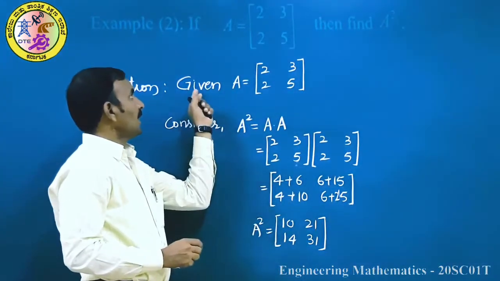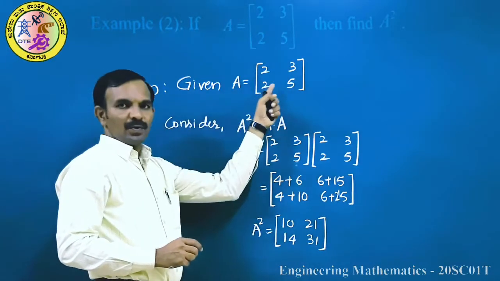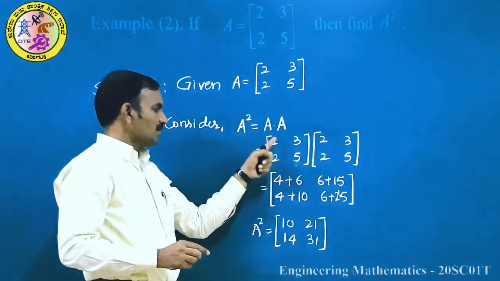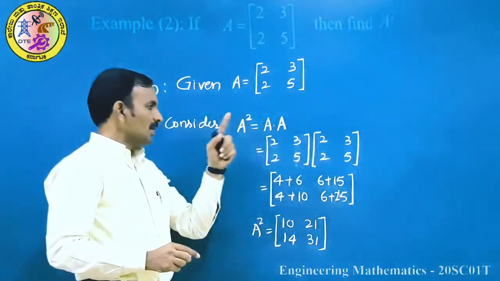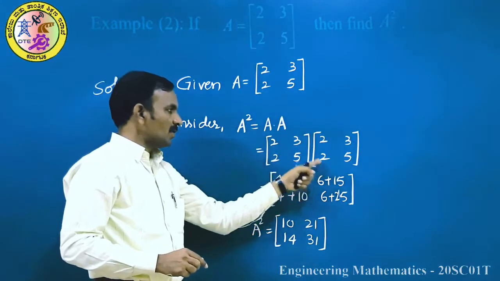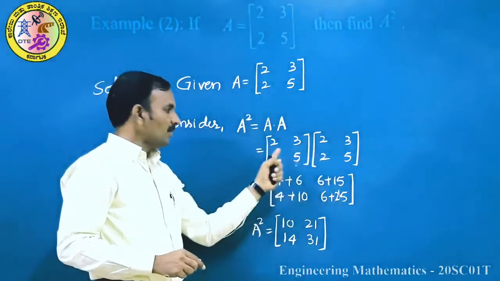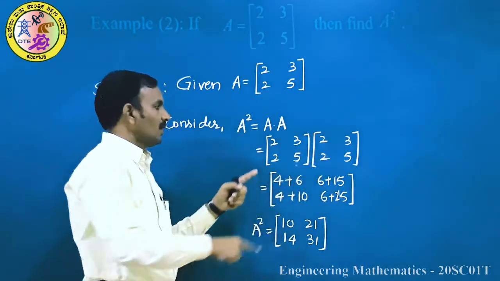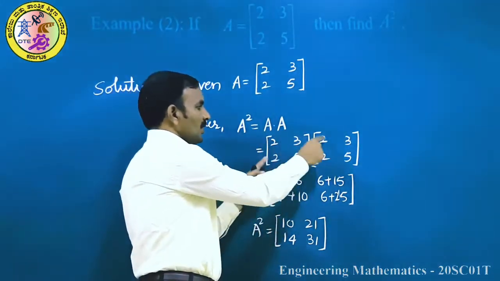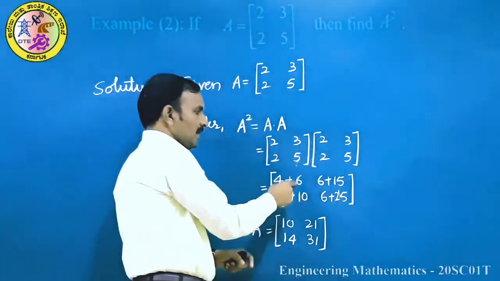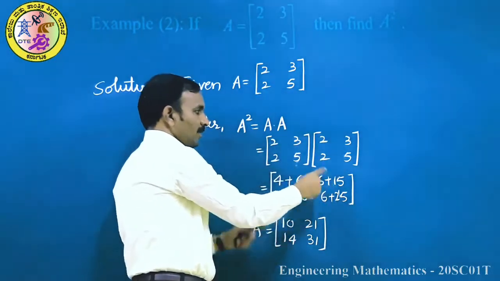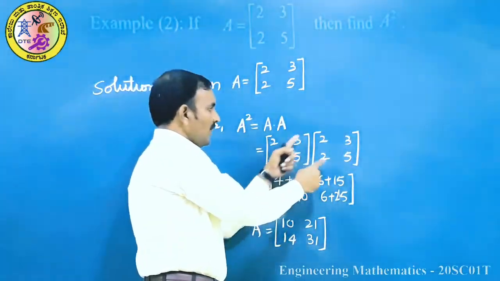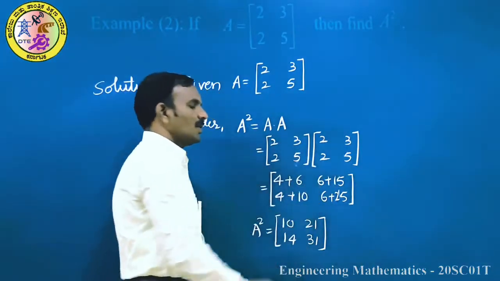First, what do we do? Write the given matrix A equal to [2 3; 2 5]. Next, consider A square equal to A into A. Substitute the A value. Next, first row first column, first row second column, next second row first column, second row second column. 2 3 times 2 2: 6 plus 4, plus 6 plus 15. 2 5 times 2 2: 4 plus 10. 2 5 times 3 5: 6 plus 25.